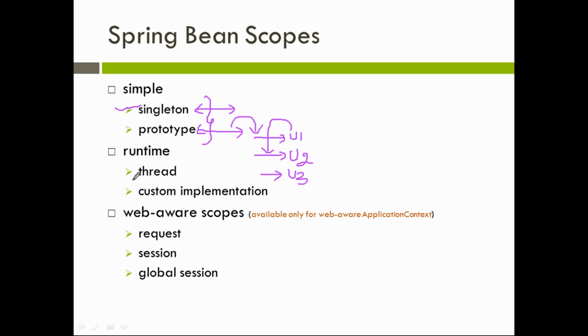So these are all for the standalone environment. Similarly, in a web application environment, we have different scopes like request scope, session scope, and global session scope. These will only be activated when your container is the web application context container.